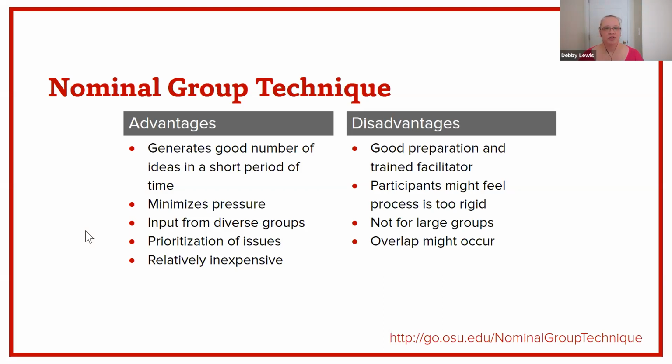Another good advantage of nominal group technique is that you're having the participants do your data analysis for you. You're walking out of that room with a priority list, and that can at least get you started down the road, whereas some of these other techniques don't offer that to you.